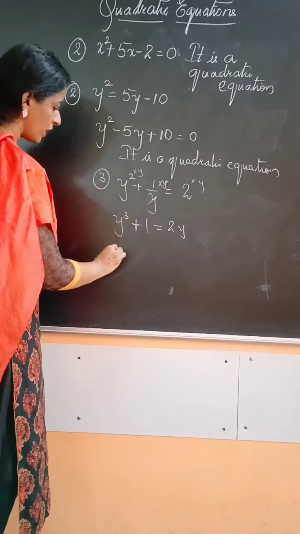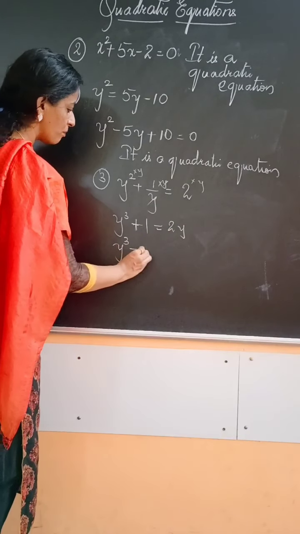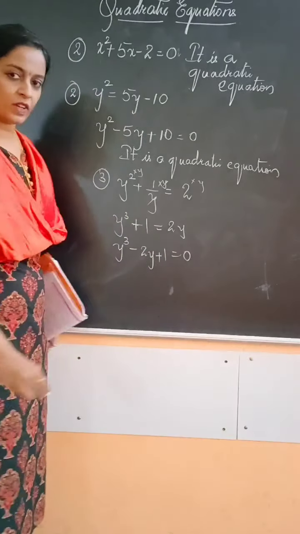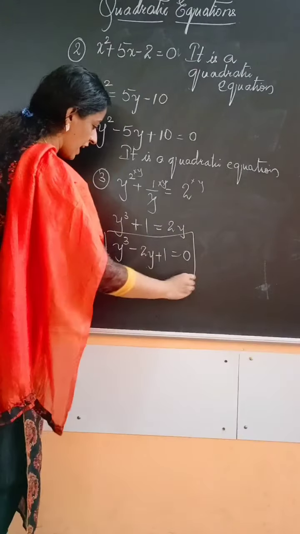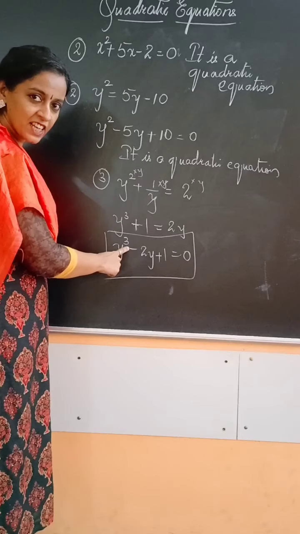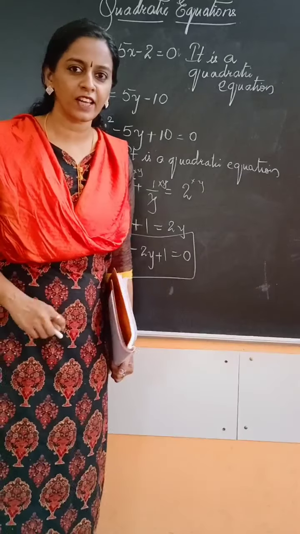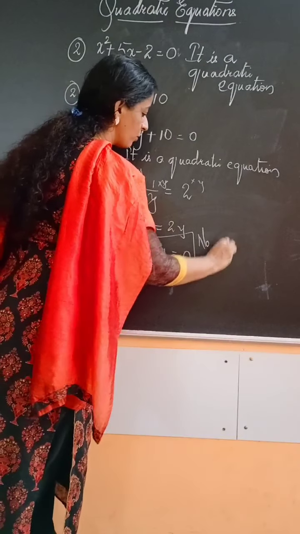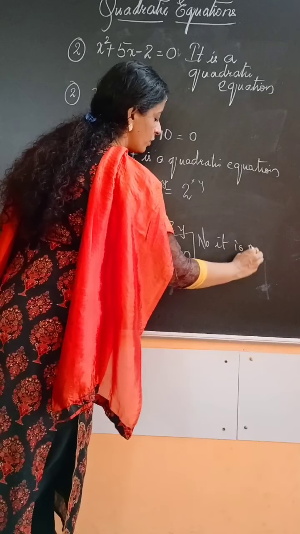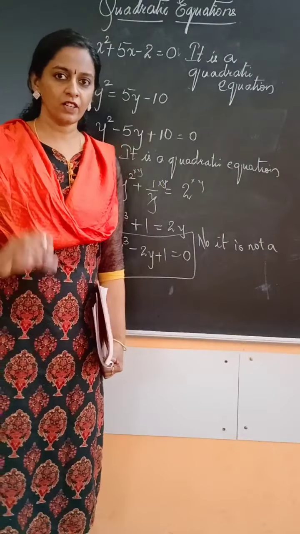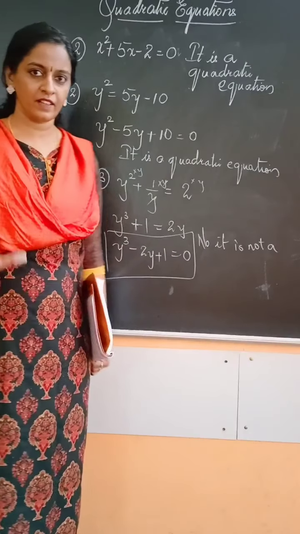When I bring 2y to the other side, I get y cube minus 2y plus 1 equal to 0. Here the highest degree is 3. So is this a quadratic equation? No, it is not a quadratic equation. So the reason is also specified.